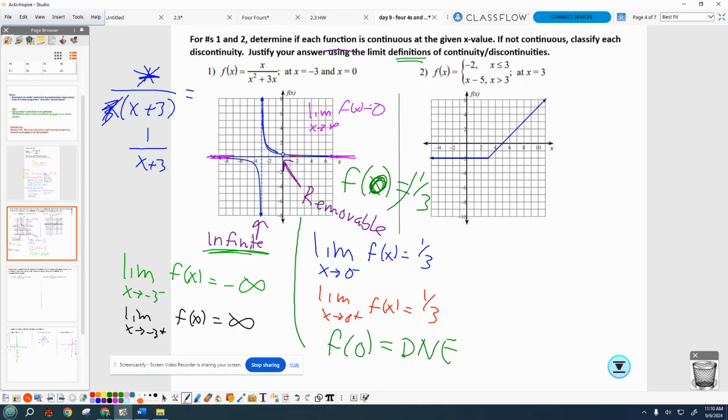So, what you need to do for continuity: from the left, from the right, and at that exact point. You would keep that one for each. Yeah, that's correct. Is this all we have to study in the notebook?